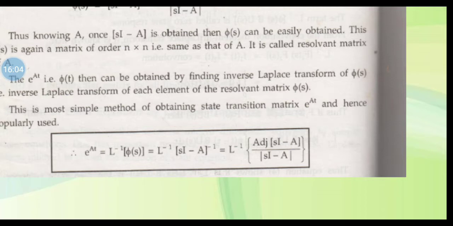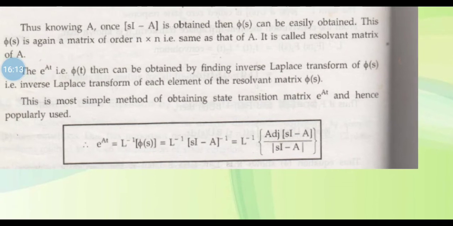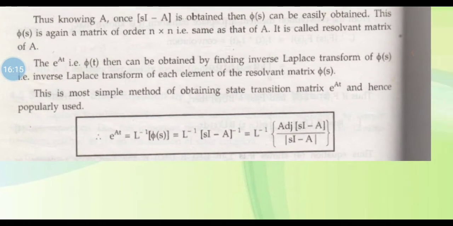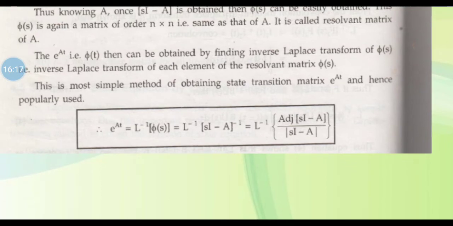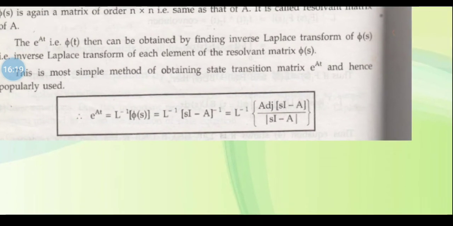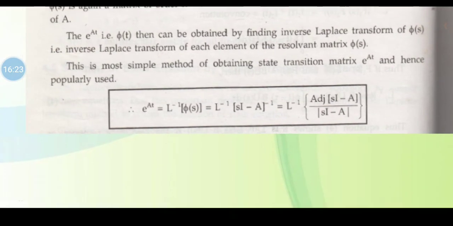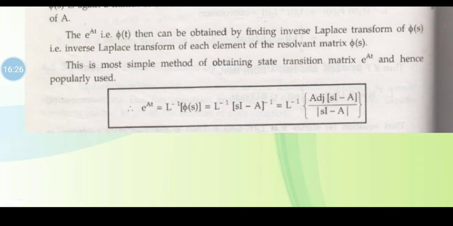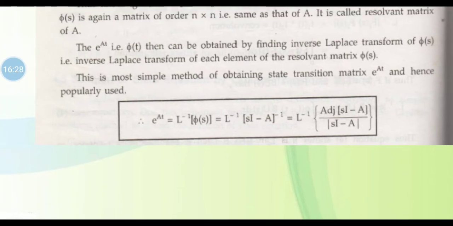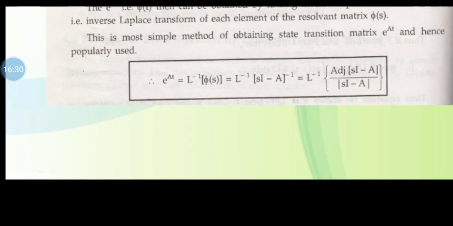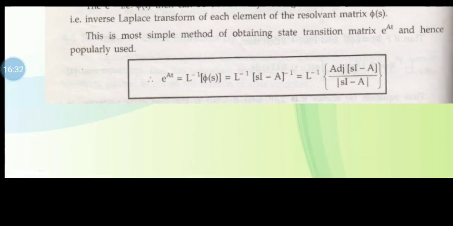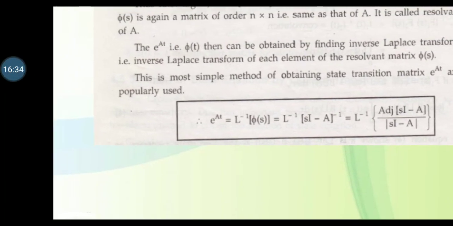Thus phi of s is again a matrix of order n into n, same as that of A, so it is called the resolvent matrix of A. The e raised to At, that is phi of t, can then be obtained by finding the inverse Laplace transform of each element of the resolvent matrix phi of s. This is the simplest method of obtaining the state transition matrix e raised to At, hence popularly used.